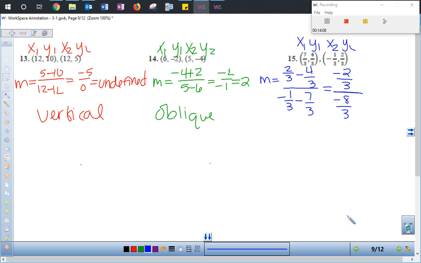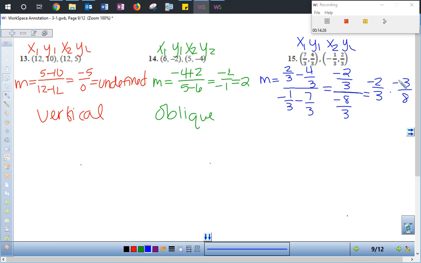So negative 2/3 divided by a negative 8/3 is the same thing as, let's rewrite this to make it easier, negative 2/3 times the reciprocal of negative 3 over 8. So now remember, it doesn't matter where that negative sign goes. It can be negative 3 over 8 or 3 over negative 8.